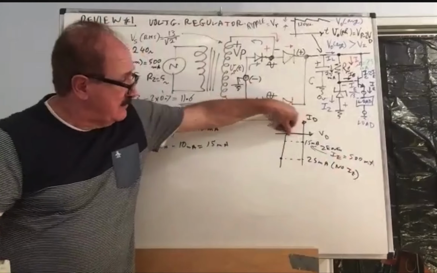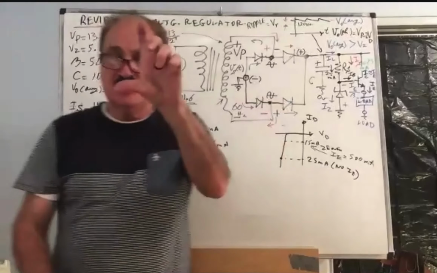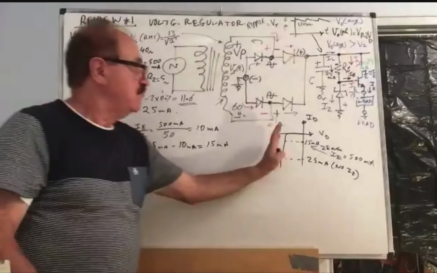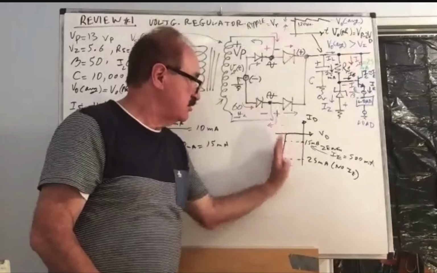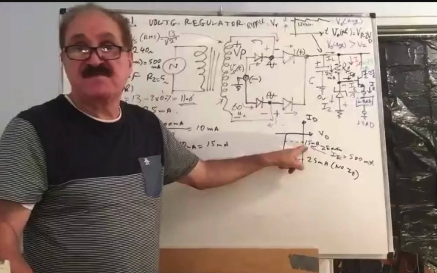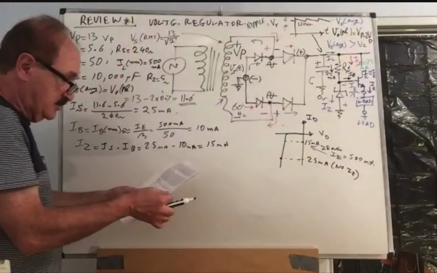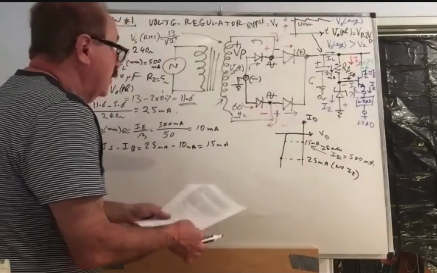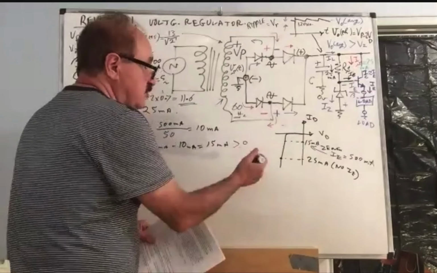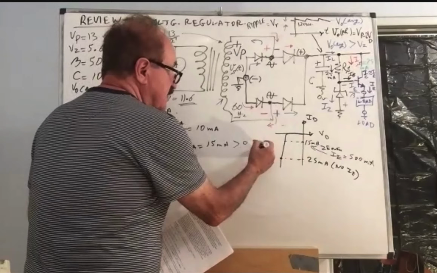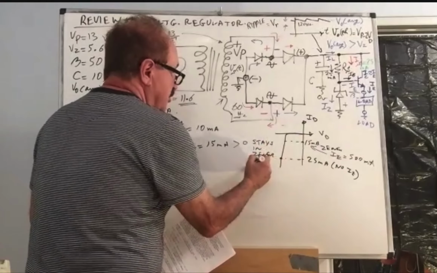Still, we haven't hit that bend. So that means we are in the steep region, in a good Zener stable region. And as I said, if the line was completely vertical, it never happens, but if it was, it wouldn't be an issue. 15 is good. We could go even farther up. Okay, so this is what the Zener current is, 15 milliamp. It is greater than 0, so it stays in the Zener region.